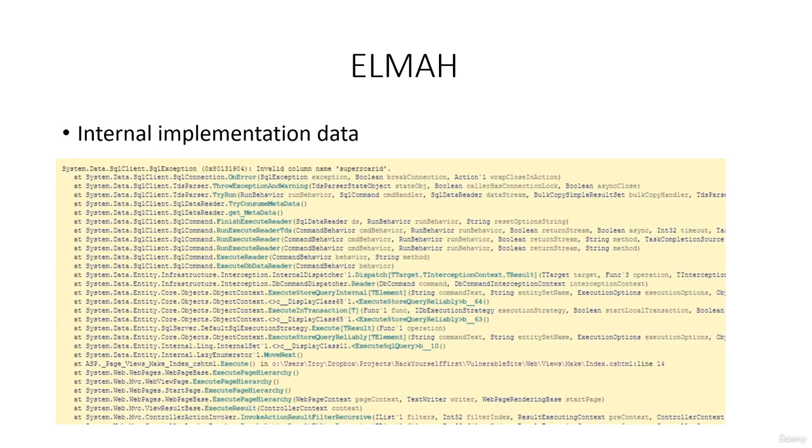So we'll use the ELMAH exception log, which is unfortunately exposed on this application, and we can see that here is an exception, and the exception was an invalid column name. It doesn't really matter what type of exception it was, but there are many different circumstances that can lead to an exception in a web app.